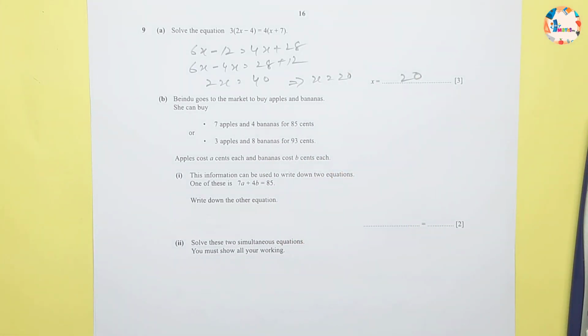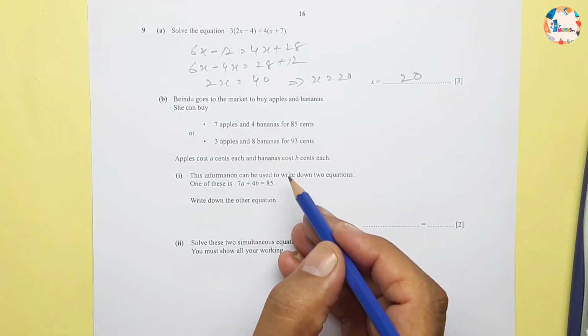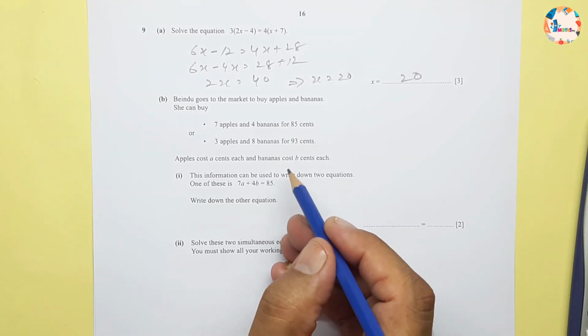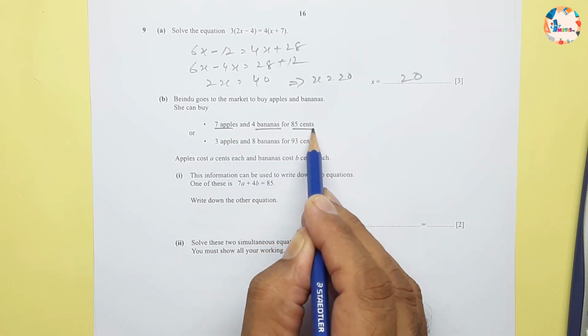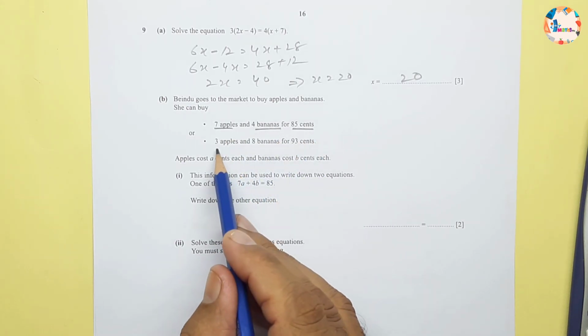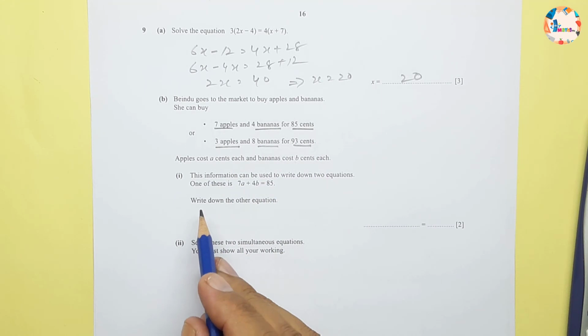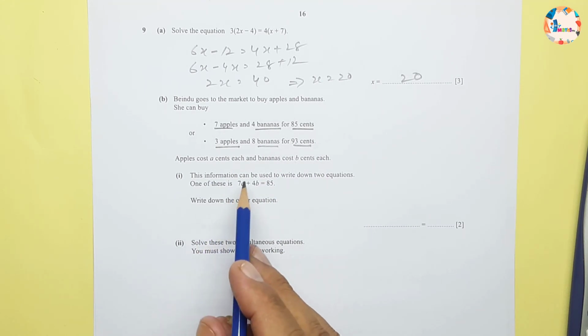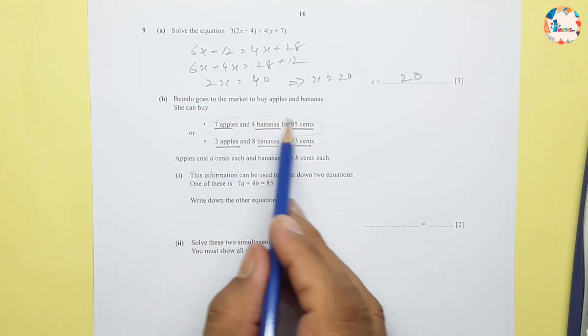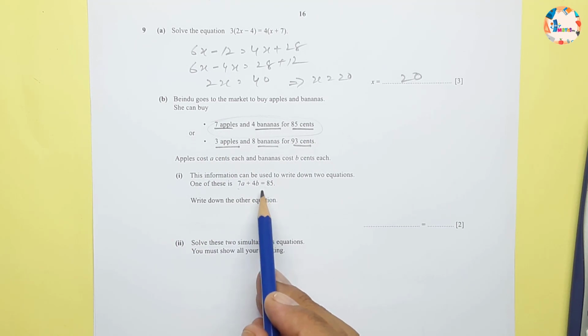Then Bindu goes to the market to buy apples and bananas, 7 apples and 4 bananas for 85 cents. And 3 apples, 8 bananas, 93 cents. So this equation they have formed for us. First equation they have formed for us.